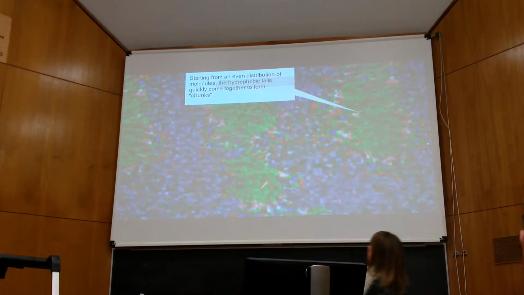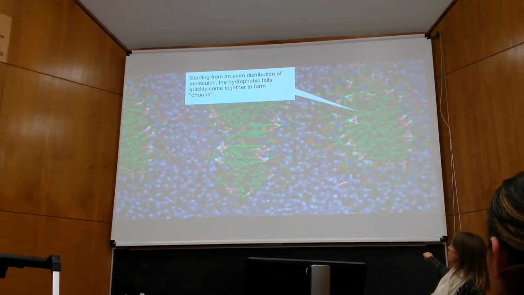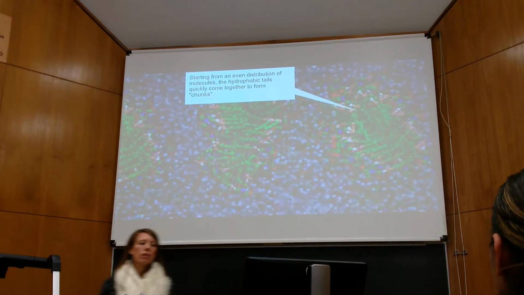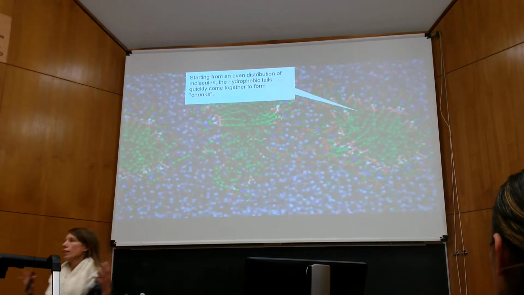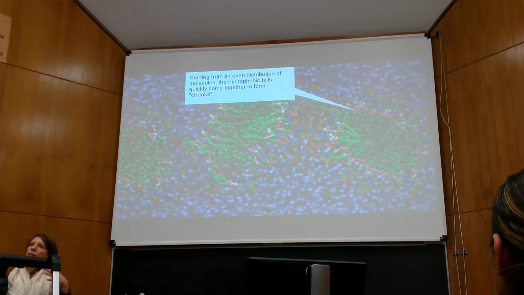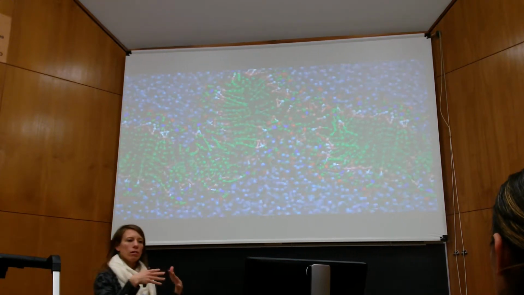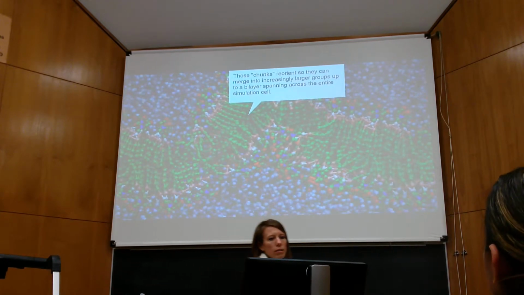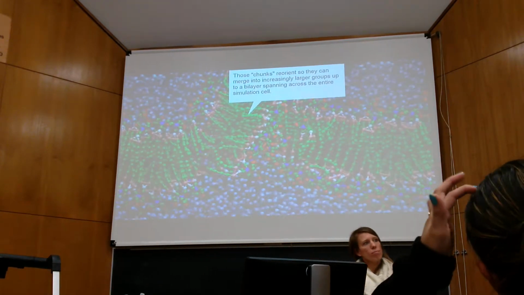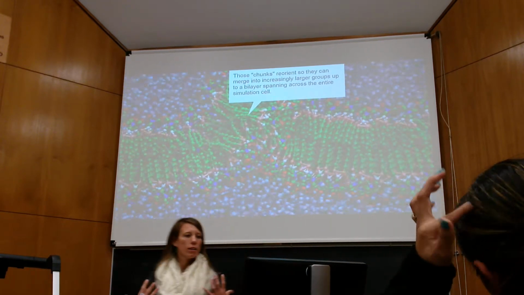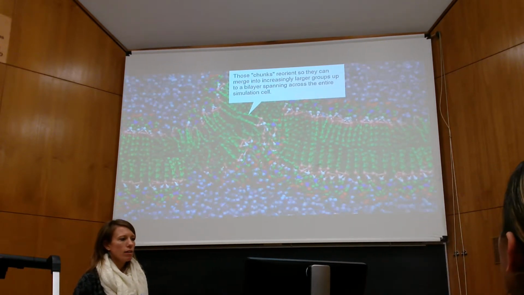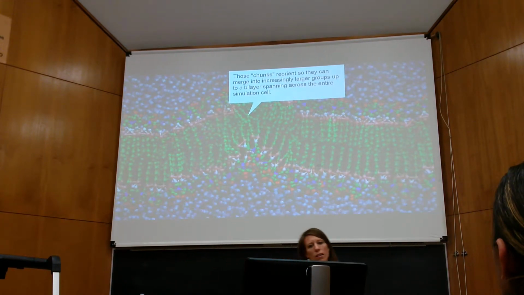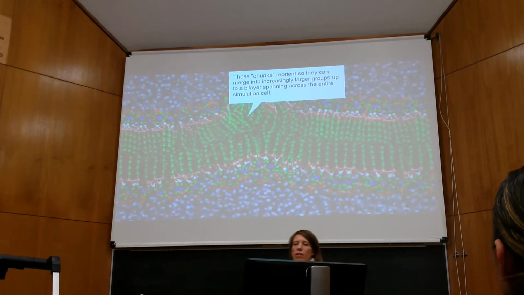So these are representing all the phospholipids, and these are all the water molecules. As the polar regions are being attracted to the water, these tails just kind of get pushed toward each other. And eventually they form a bilayer, which is what happens in our cells. These are constantly moving.